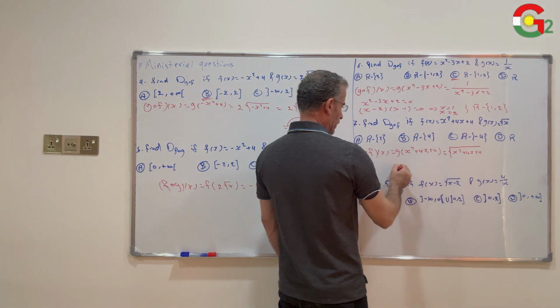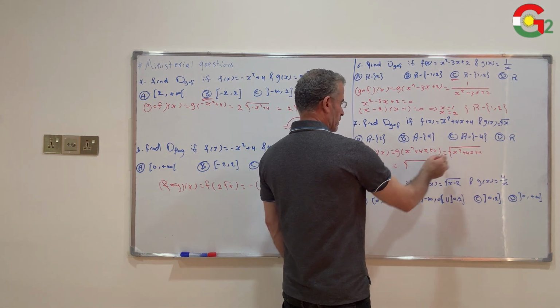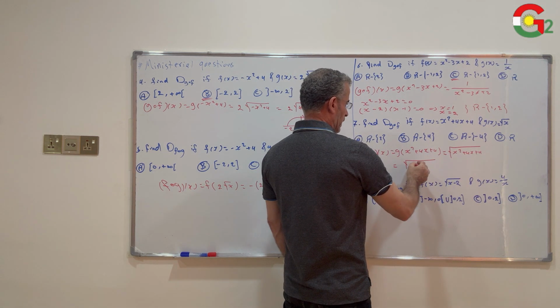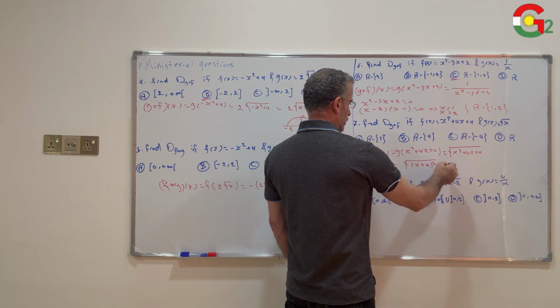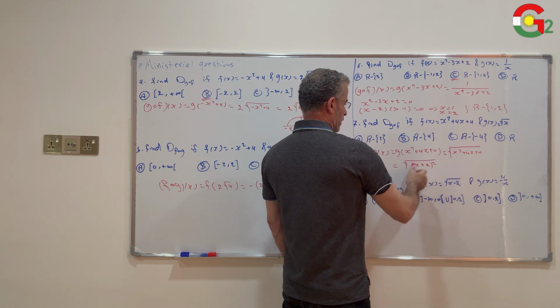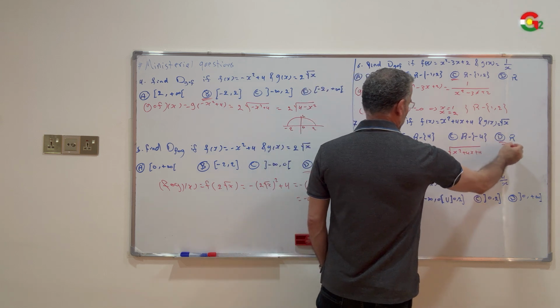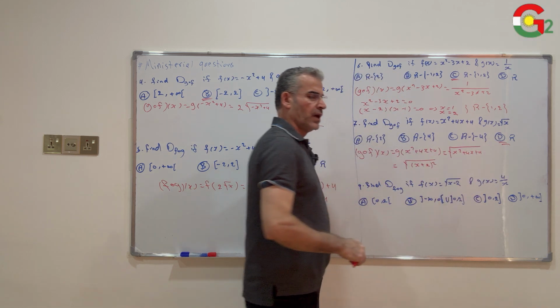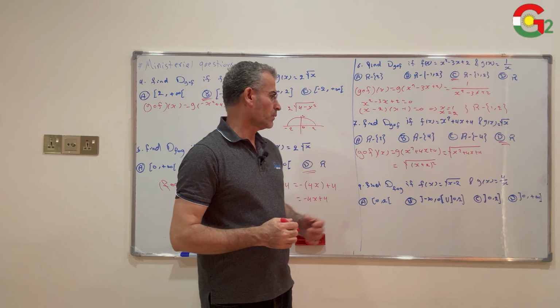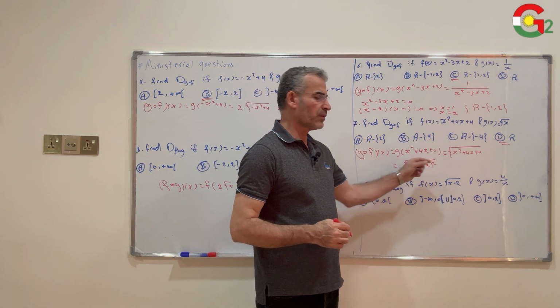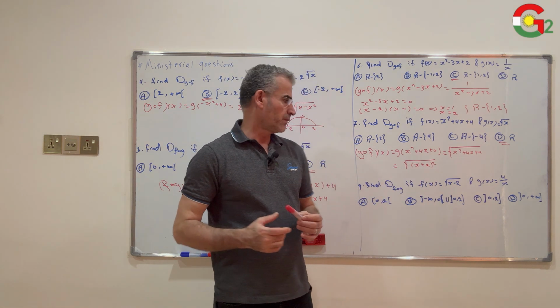Then I can rewrite this quadratic function as (x + 2)². Then the domain is R, since the term under the square root is squared and is never negative.